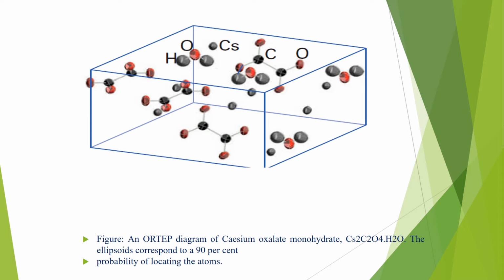The ellipsoids correspond to a 90% probability of locating the atoms. This is a software which is used in the computer to depict the positions of the different atoms present in a single crystal.